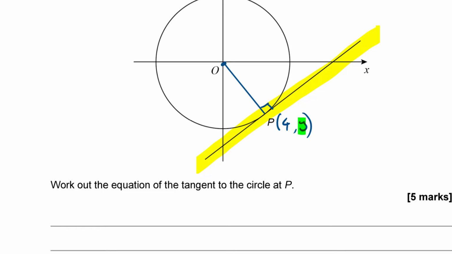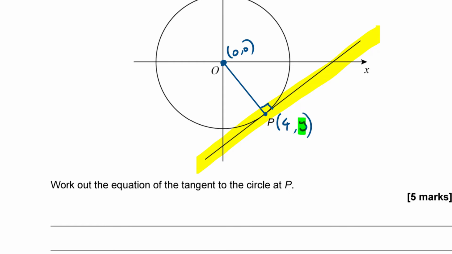So we do know 2 points on this line. We know that that one is 0, 0. And once we find y, we'll have a second point on this line. So that is enough information to find the gradient of the radius drawn at the point of contact.